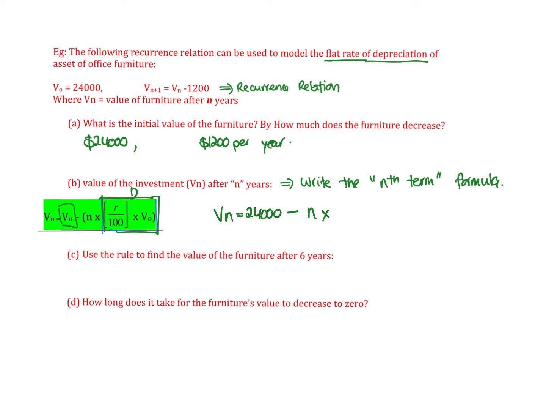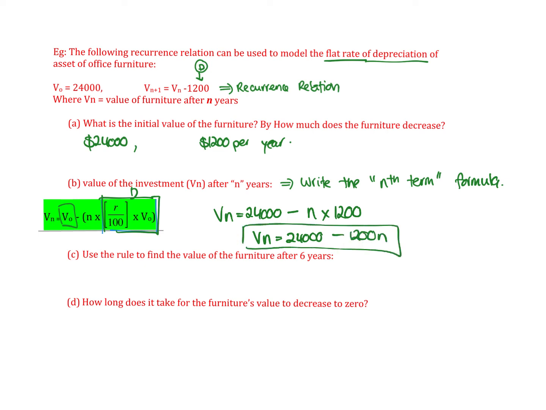This is D as well, isn't it? So we can just write 1,200 there. So you could just write it out like this.